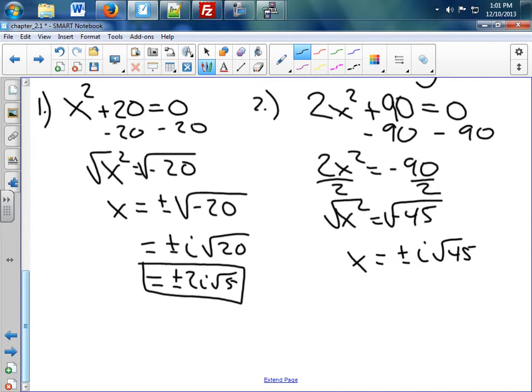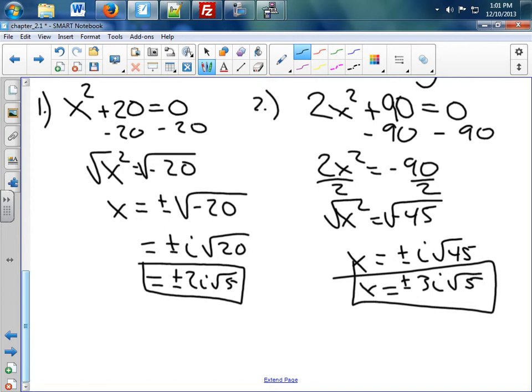So I took the negative out right away. 9 is a factor of 45, and the square root of 9 is 3. So we should have that, which is nice.